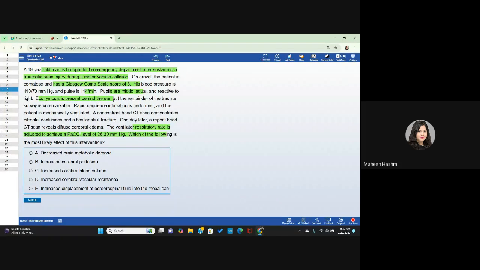Ecchymosis is present behind the ear. Rapid sequence intubation is performed. The patient is mechanically ventilated. Non-contrast CT demonstrates bifrontal contusions and a basilar skull fracture. One day later, repeat head CT scan reveals diffuse cerebral edema. Which of the following is the most likely effect of the intervention? What do you think the answer is?